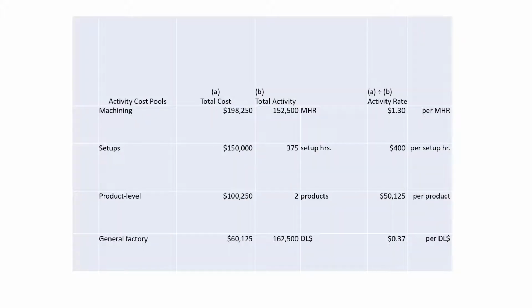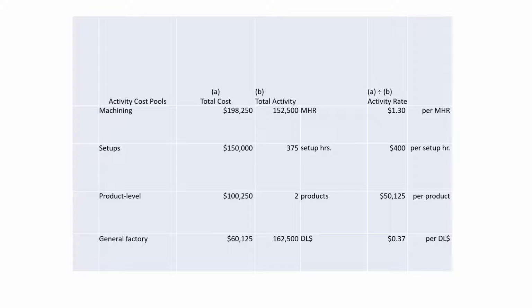Our next step says this. Compute the activity rate for each activity cost pool. Using the activity rates, compute the unit product cost for each product. So let's first take and determine based on the information in the table. So they tell us the manufacturing overhead costs for each activity, and then they tell us the total activity for each activity.